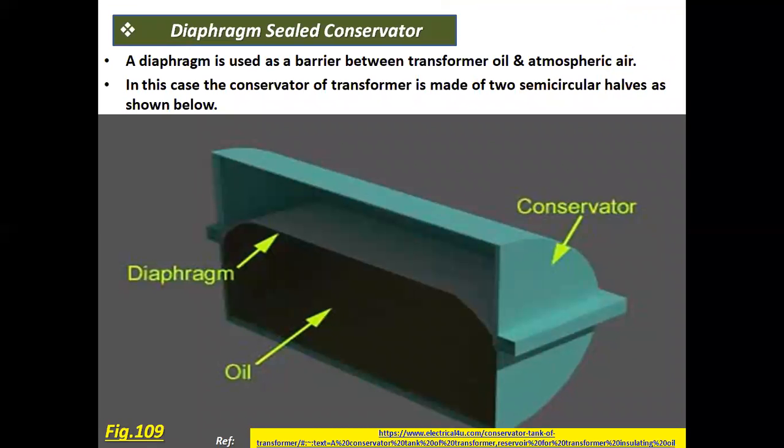Now, we have to discuss diaphragm sealed conservator. A diaphragm is used as a barrier between transformer oil and atmospheric air. In this case, the conservator of the transformer is made of two semicircular hubs as shown below.